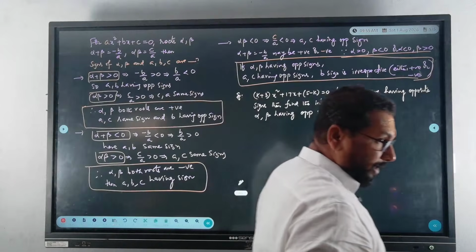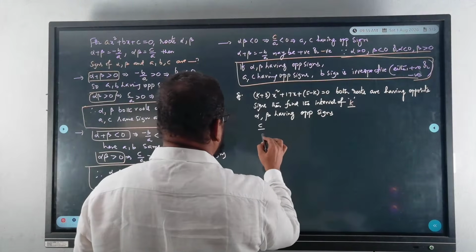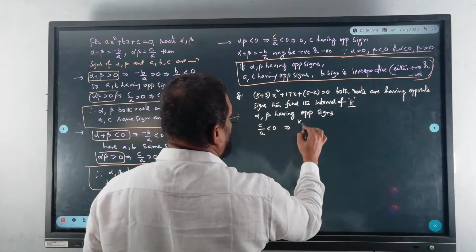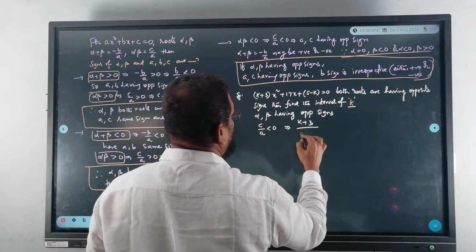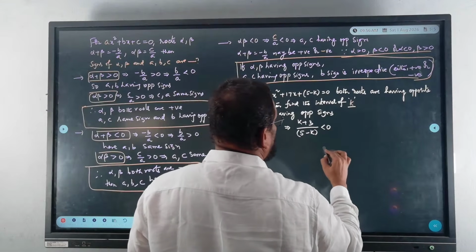Therefore c by a less than 0. c by a is k plus 3 by 5 minus k less than 0.